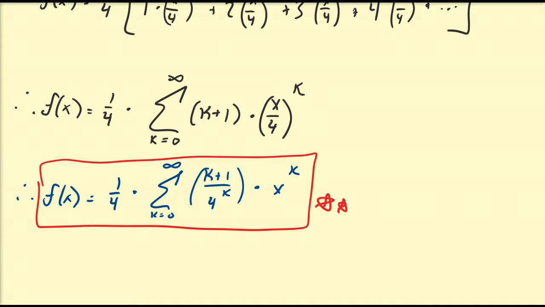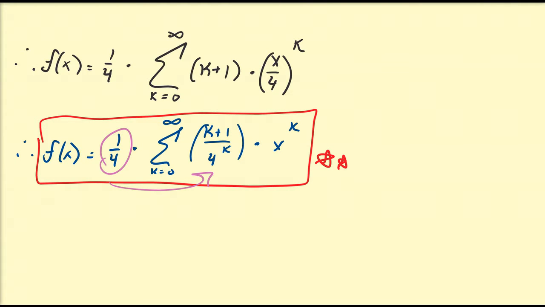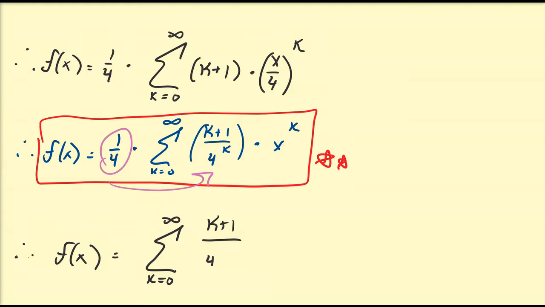If you want, you can easily pull that 1/4 back into this expression and get another representation for the power series, if this is better for you. So this can be rewritten as the sum from k equals 0 to infinity of k plus 1 divided by 4 to the k plus 1 times x to the k.